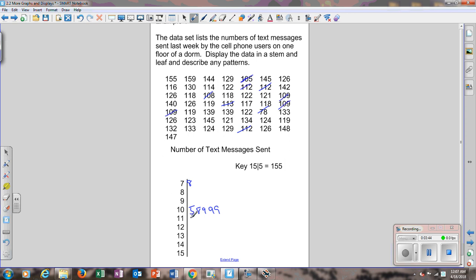Okay. So that's going to be 2, 2, 2, and a 3. All right. What about 114? There's one of those. So we have 114, 115. See, I have a 116.